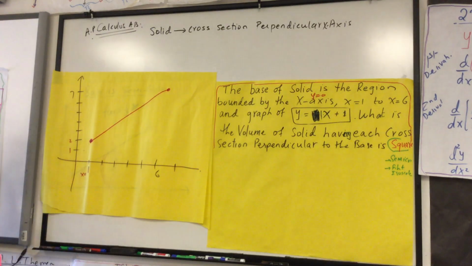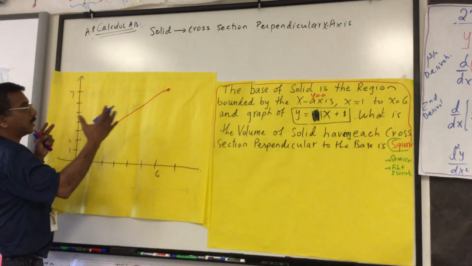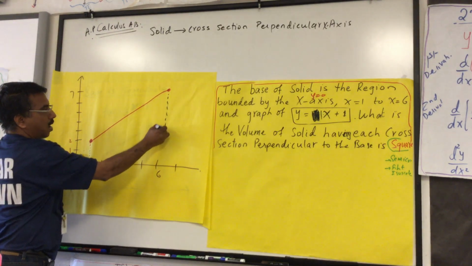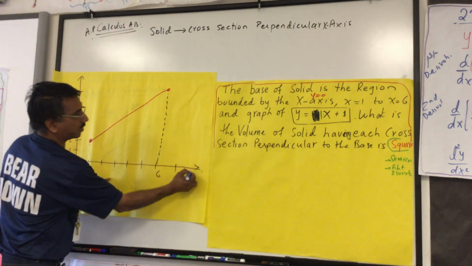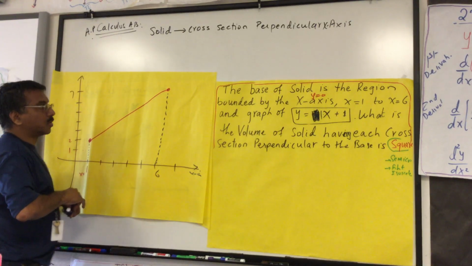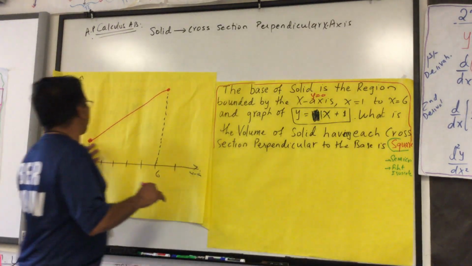Okay, so we have to build a solid whose cross section is bounded by x equals 1, these bounds, and the x-axis. This is the x-axis. We need to draw squares which are perpendicular to this area.